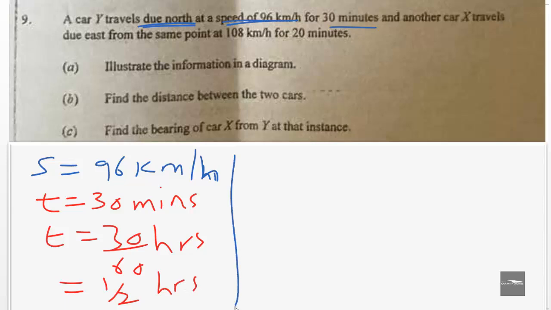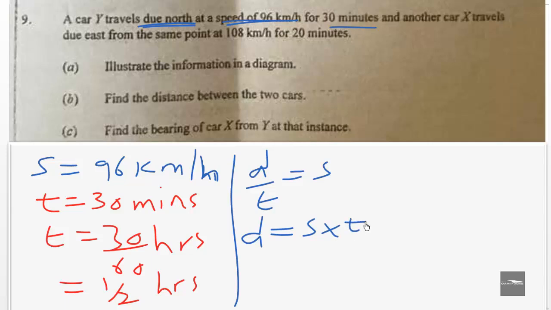Then again, we can calculate the distance. That will help us to draw the diagram. We know the distance over the time will give us the speed, so the distance will be equal to speed times the time.